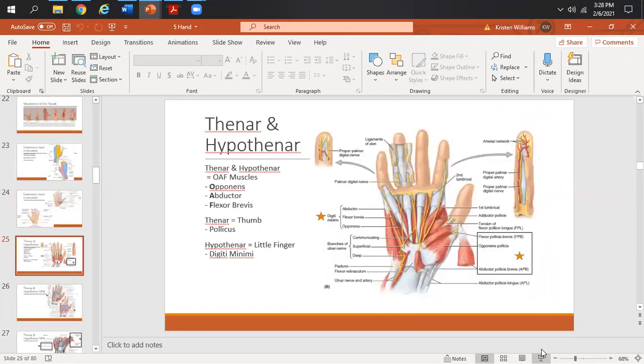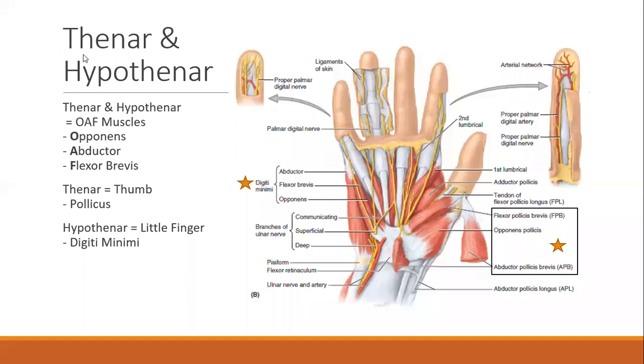I've already mentioned your thenar eminence, but you actually have a thenar and a hypothenar eminence. They both have similar muscles, but they're on opposite sides of your hand. So your thenar eminence is for your thumb. Your hypothenar eminence is for your little finger, your pinky finger. So when you hear thenar, think thumb. You'll also see pollicis in the names of the muscles. So flexor pollicis brevis, opponens pollicis, abductor pollicis brevis.